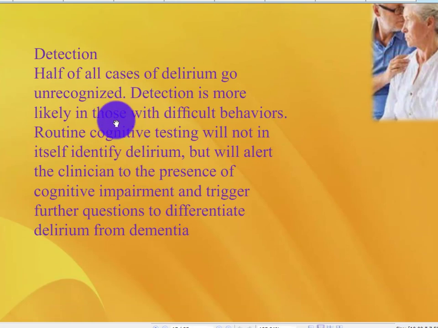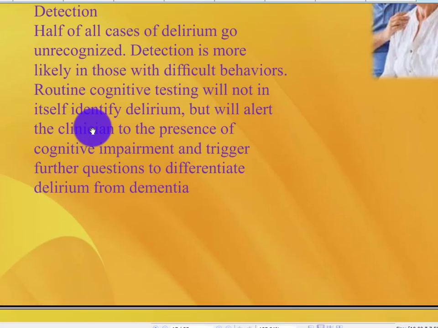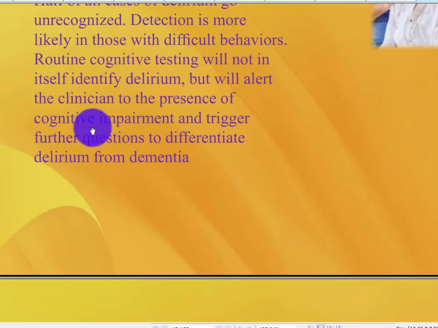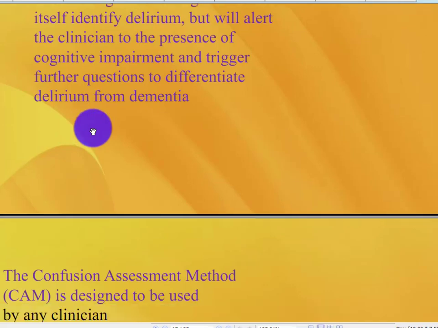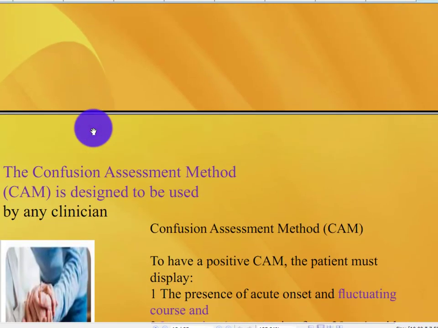Detection. Half of all cases of delirium go unrecognized. Detection is more likely in those with difficult behaviors. Routine cognitive tests will not in themselves identify delirium, but will alert the clinician to the presence of cognitive impairment and trigger further questions to differentiate delirium from dementia.